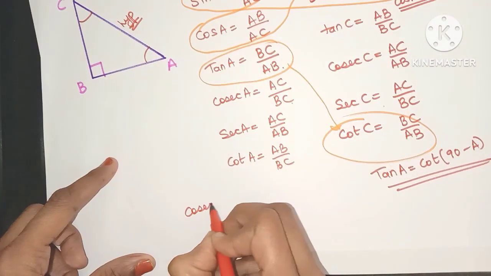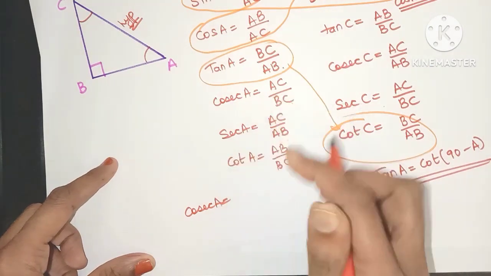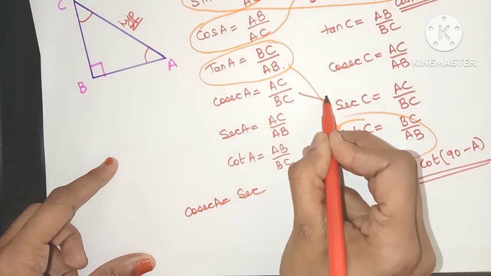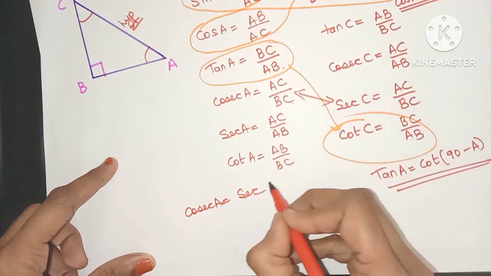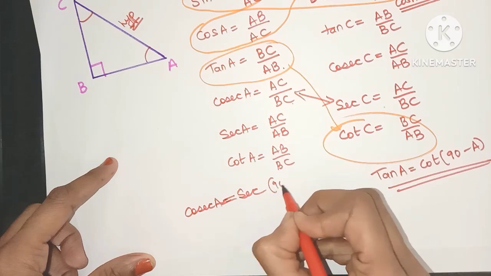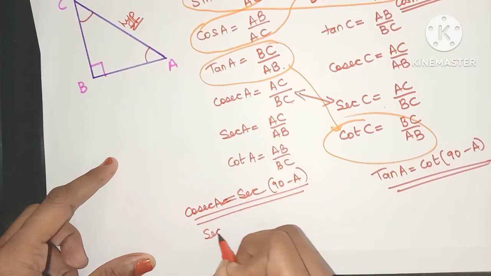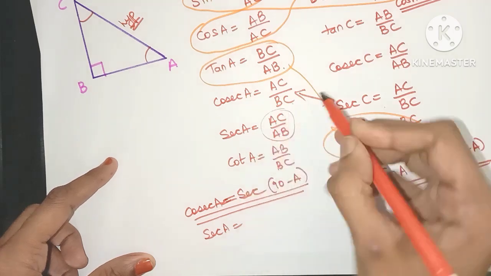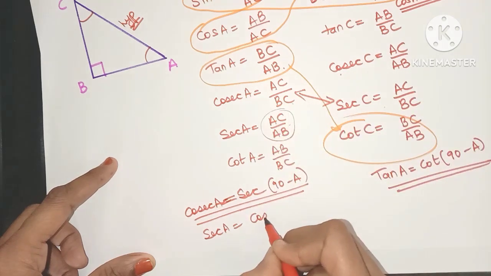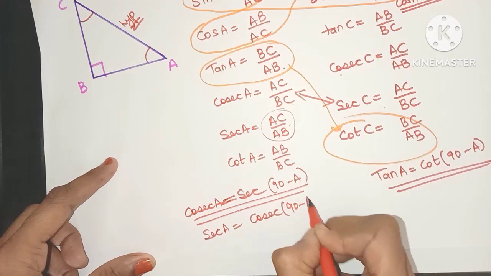Just have a look. Cosec A over here, I can write it as, see, they both are the same. Look at this. So I can write it as sec of 90 minus A, and similarly sec A over here is the same as cosec C, which is 90 minus A.